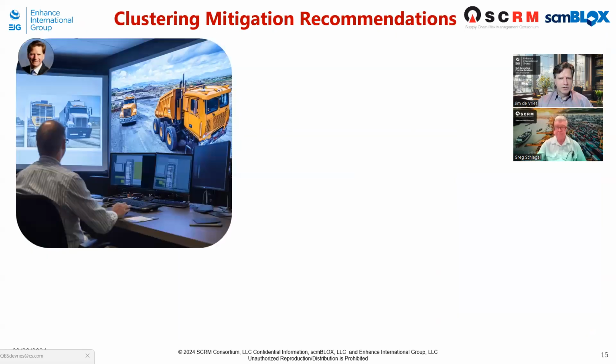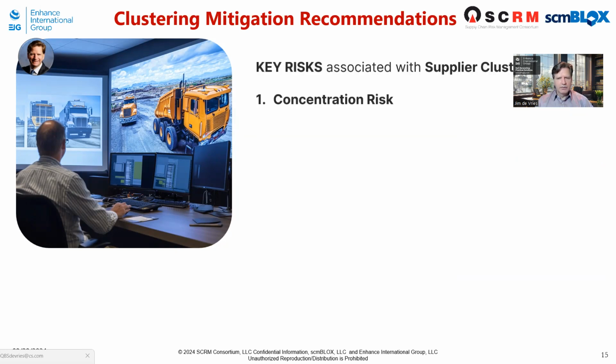Thanks, Greg. So we just wanted to cover a little bit about the key risks associated with supplier clustering. Some are pretty intuitive, such as concentration risk, which is an issue in a region because if you have a natural disaster, political instability, or an economic downturn, that can, of course, disrupt the entire supply chain.